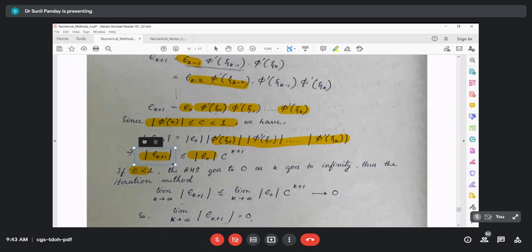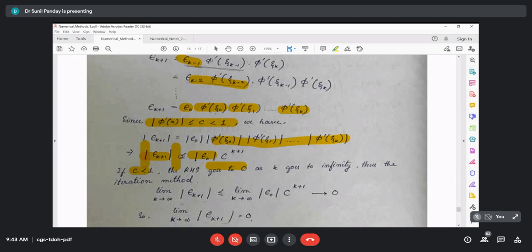If I take the limit k tends to infinity in this equation, the right side goes to 0. And since we have an absolute value, if the right side goes to 0, this absolute value is equal to 0, because it cannot be less than 0, as it is an absolute value of something.